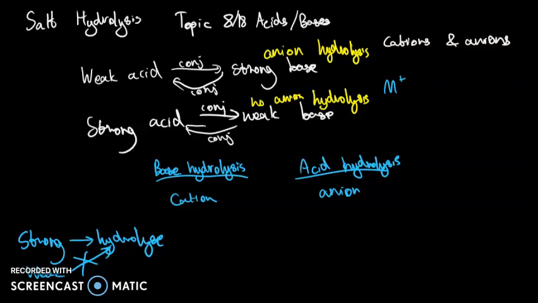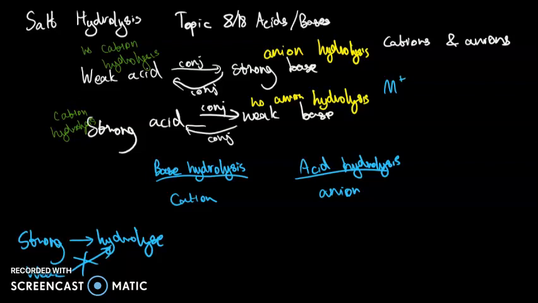We start off with a base, so we get a cation. And we have a strong acid as the cation, so we're going to get cation hydrolysis, right? On the other hand, if we have a strong base and we form the conjugate, it will be a cation, weak acid. However, since it's a weak acid, there won't be any cation hydrolysis.